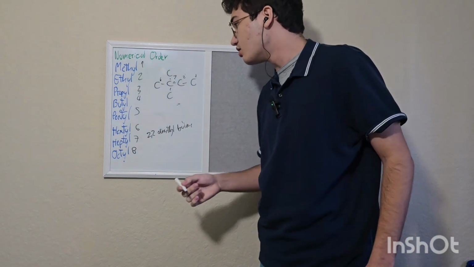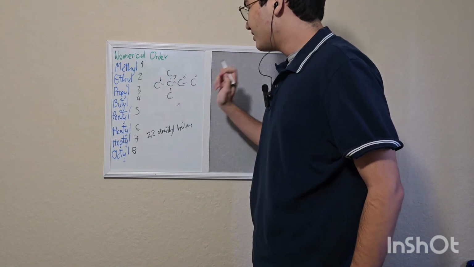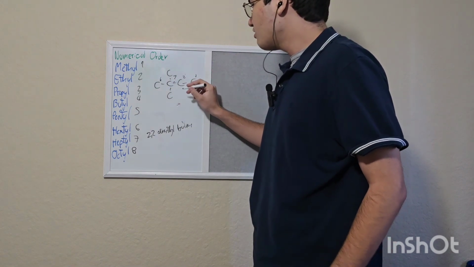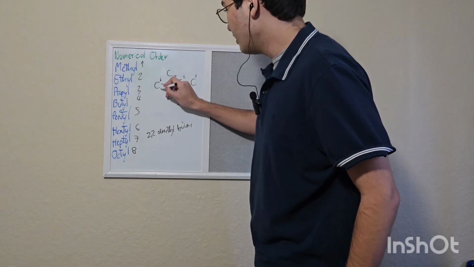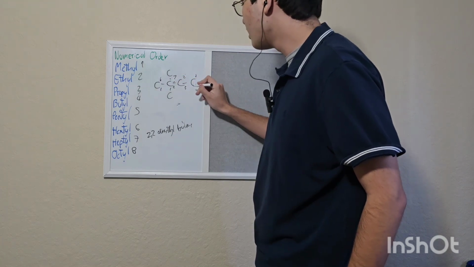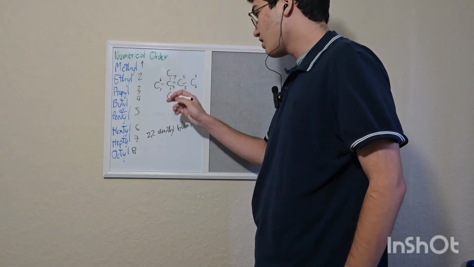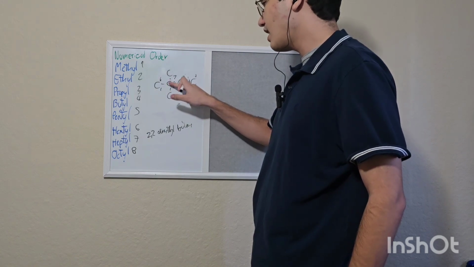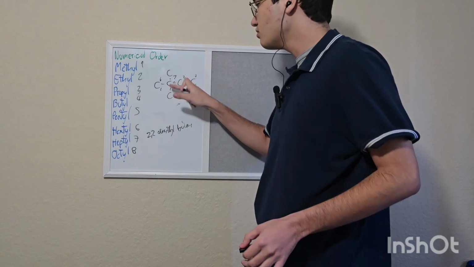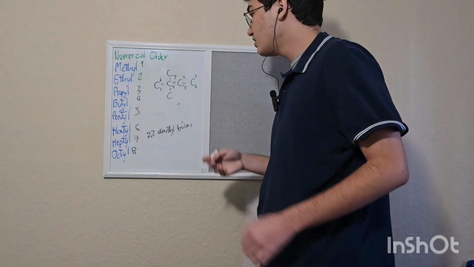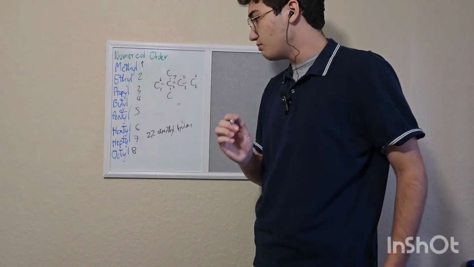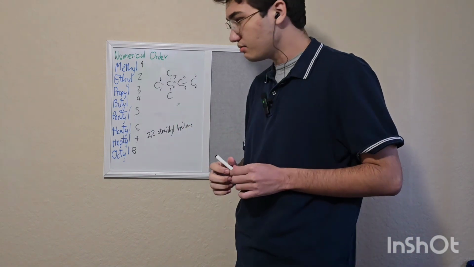Well, the answer is no, because we will always look for the lowest number that we can put in a name. For example, since this C can be considered a 2, then we will use 2, since 2 is lower than 3. That's important to remember, alright?